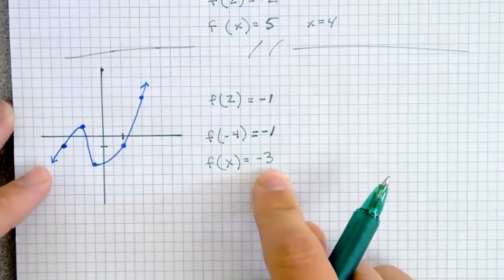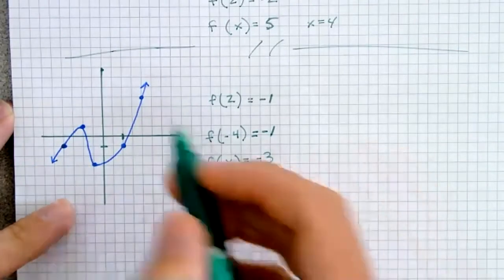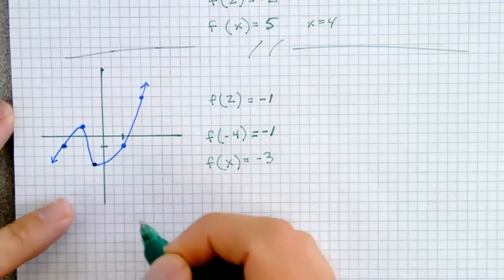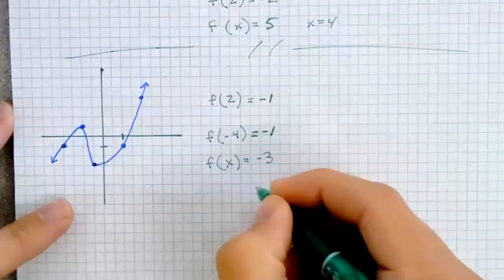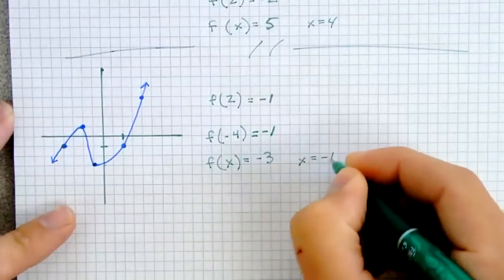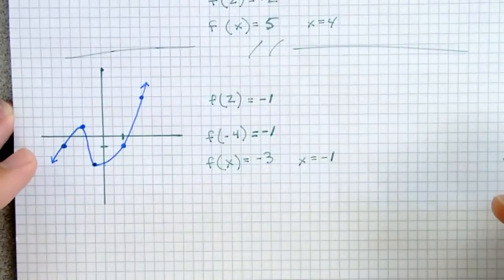Okay, here they're giving you the output of -3. So we count down 3 on the y-axis. Here's our point. That is somehow also -1. I did not do that on purpose, where they're all -1, but here we are.